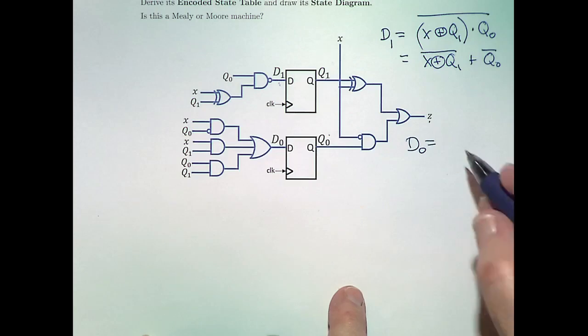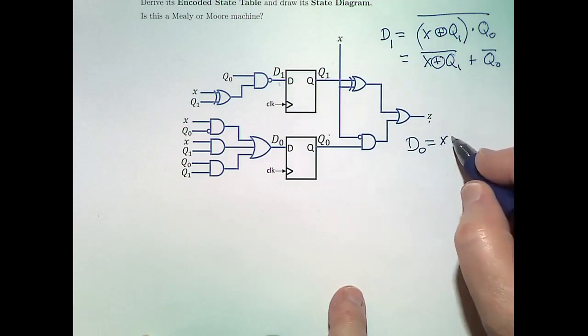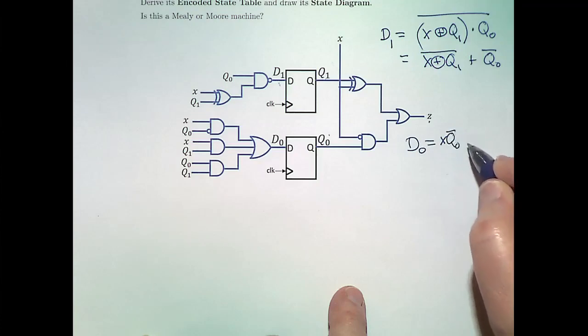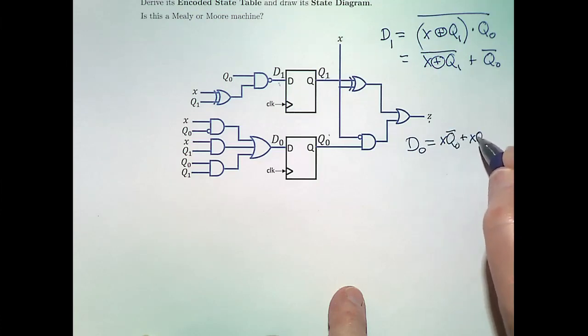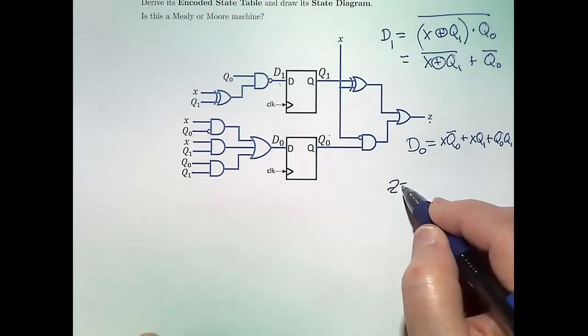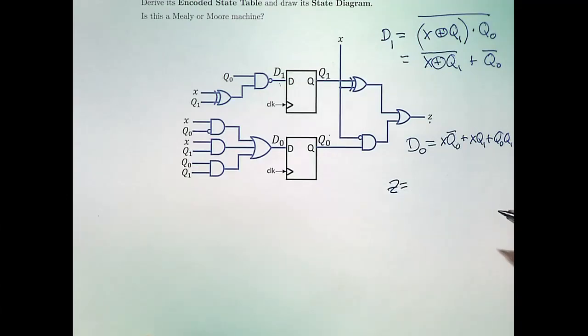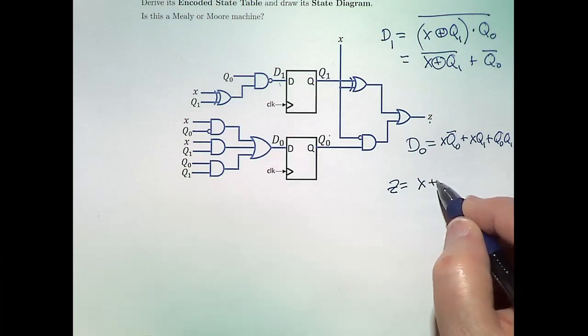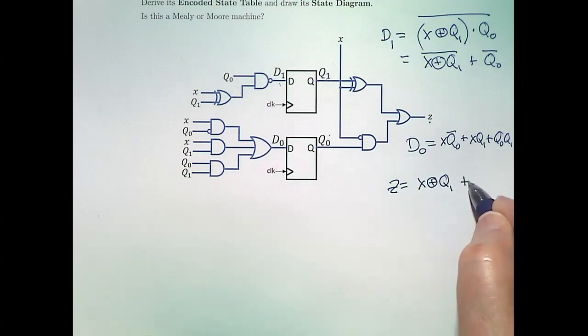Yes. X and bar Q0 or X and Q1 or Q0 and Q1. Okay. What about Z? Yes. X XOR Q1 or not X and Q0.